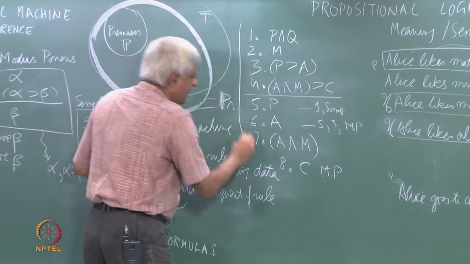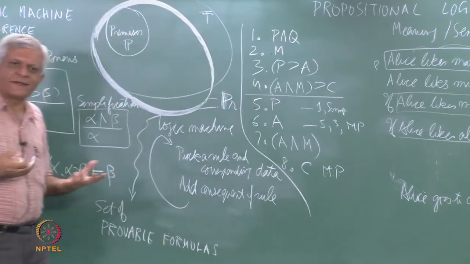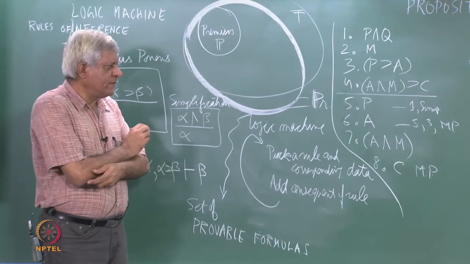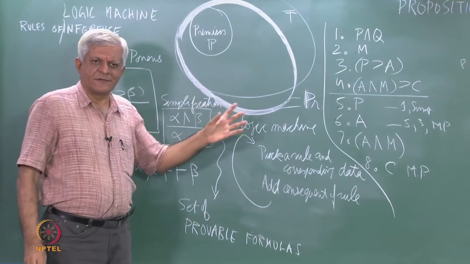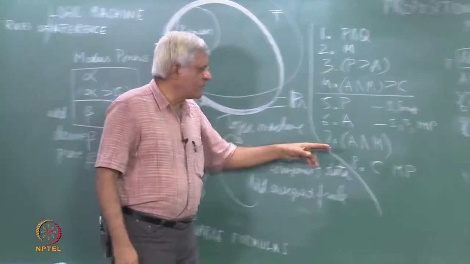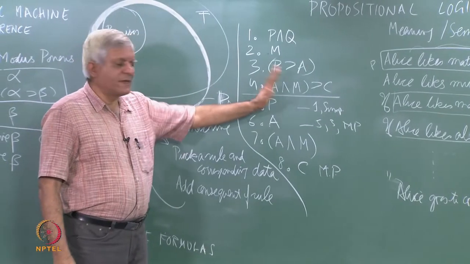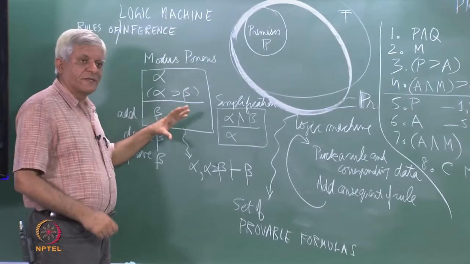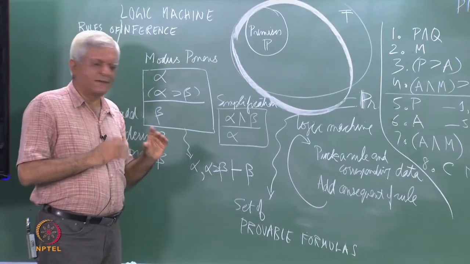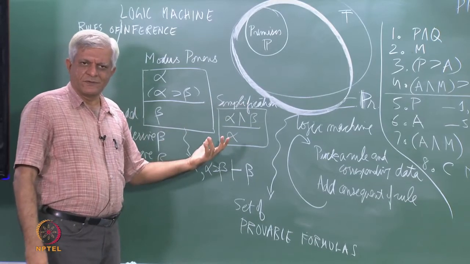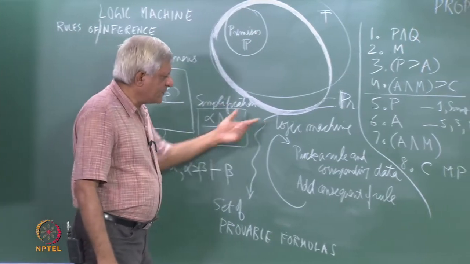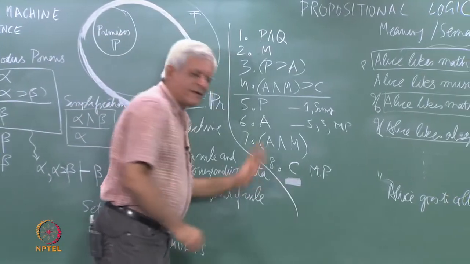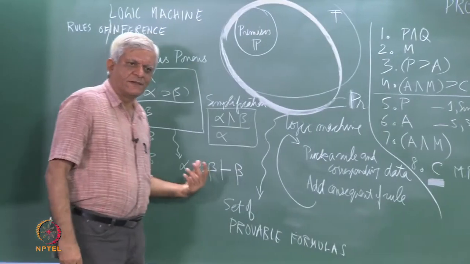So, this is a syntactic machinery of arriving at a proof of C, which does not look at the meaning of the operators. It does not understand what AND stands for, what implication stands for. All it has is a set of rules of inference which says if you see this pattern and this pattern, you can add a new formula to your database. We can put this into a cycle and ask, can we add C? At this point we have added C, so we can say yes, C is provable.